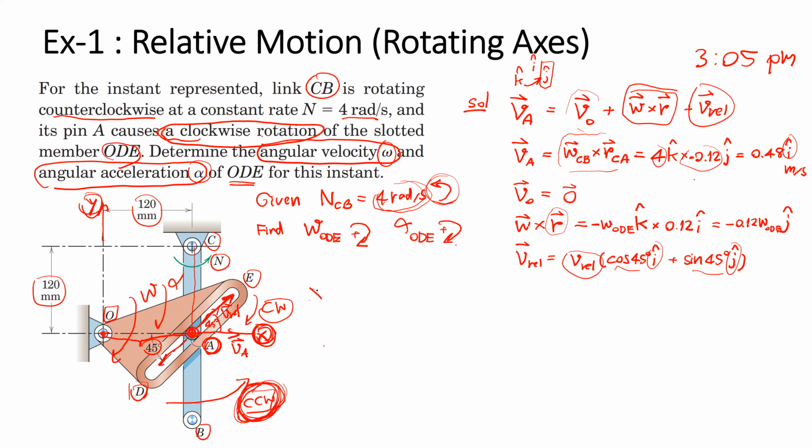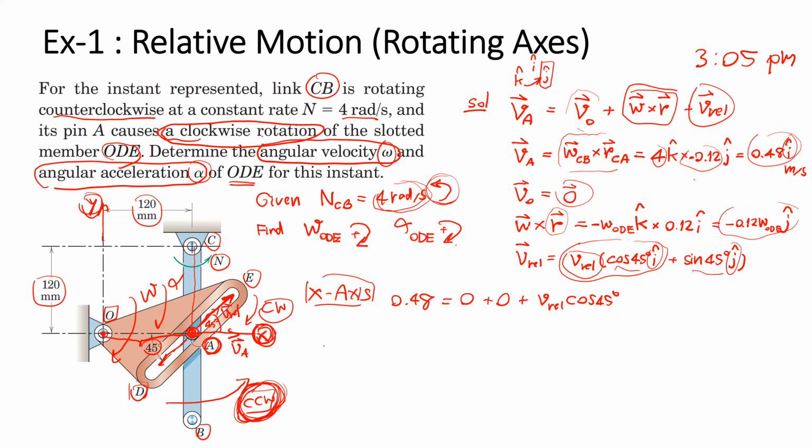What should be, if we consider the x-axis, from the vector equation, we have 0.48 on the left hand side, and on the right hand side we have 0, and this is also 0 for the x component, and the last one is relative velocity cosine 45 degree.